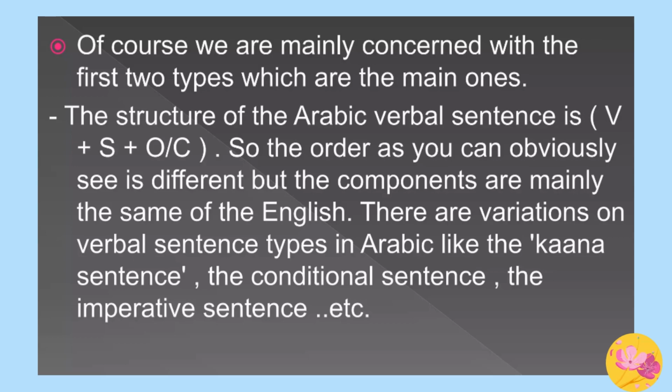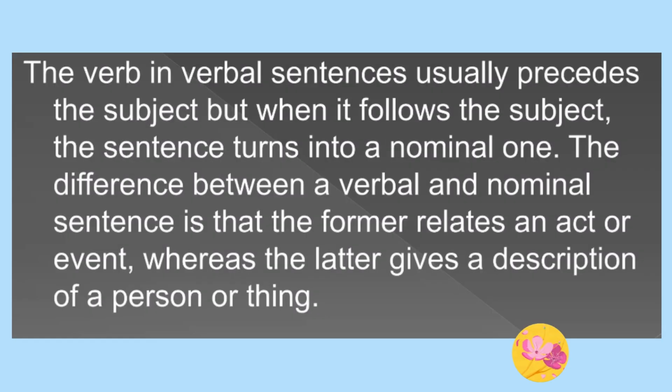We don't have to know much about it. The verb in verbal sentences usually precedes the subject, but when it follows the subject, the sentence turns into a nominal one. The difference between a verbal and nominal sentence is that the former relates an act or event, whereas the latter gives a description of a person or a thing.